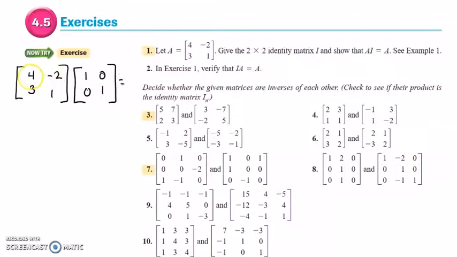And then when we multiply, 4 times 1 plus negative 2 times 0, 4 times 0 plus negative 2 times 1, 3 times 1 plus 1 times 0, 3 times 0 plus 1 times 1.